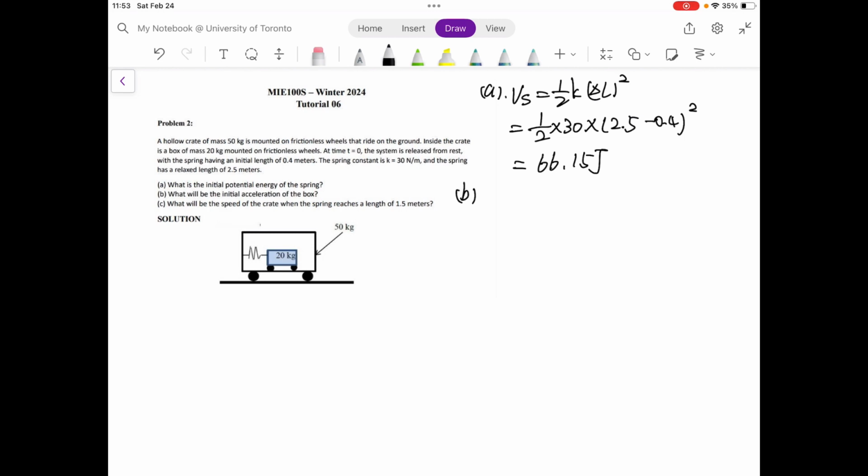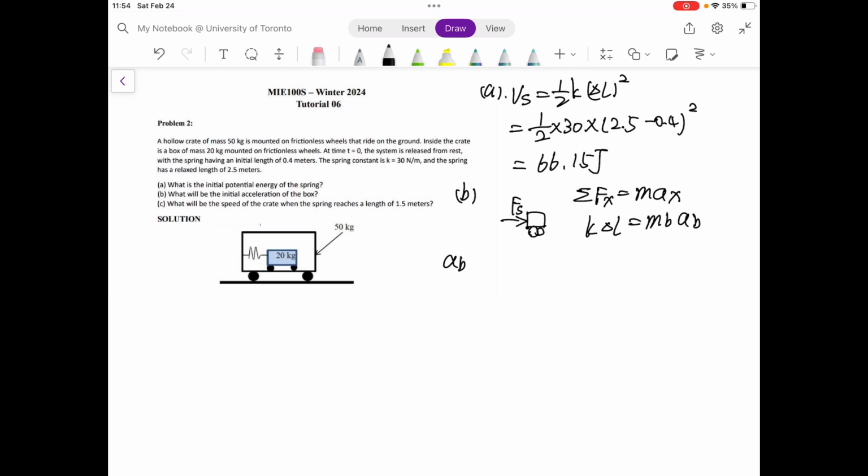Question B, what will be the initial acceleration of the box? If you take a free body diagram of the box, we will say the force F comes from the spring. So we'll say Fx is equal to m ax. So k delta L is equal to mB aB.